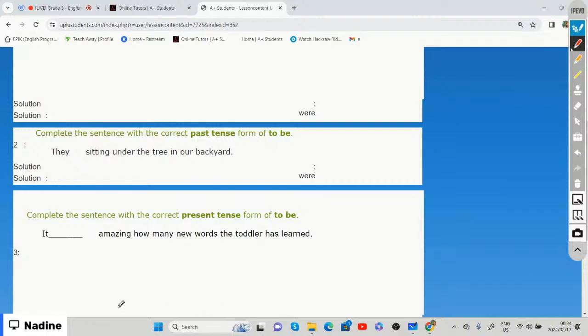So do we say it is amazing how many new words the toddler has learned, or it are amazing?